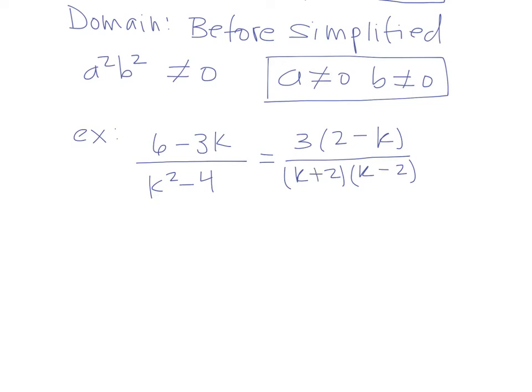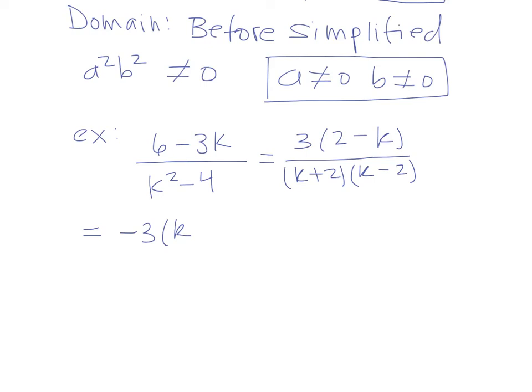It still doesn't look like we have like factors, but if we take out a negative 1 from the 2 minus k, a factor of negative 1 from the 2 and a factor of negative 1 from the negative k, that brings a negative 1 out in front multiplied by the 3, so we get a negative 3. And if we take a negative 1, let's start with the negative k. If we take a negative 1 out of negative k, that's going to be a positive k.